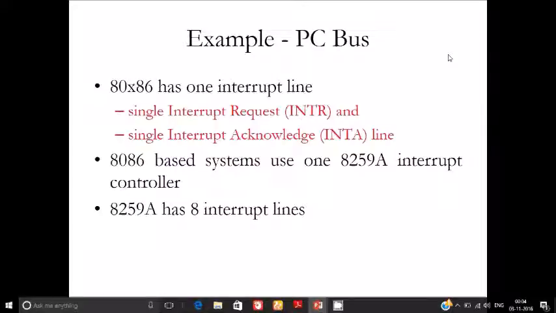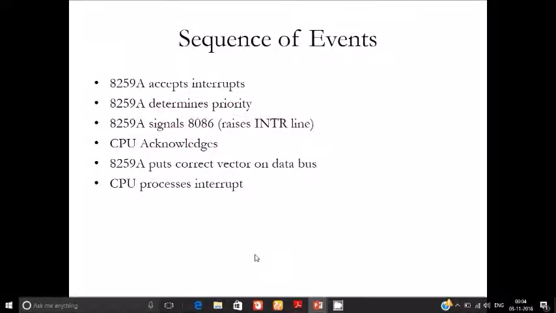For an example, we can consider the PC bus. Suppose the 8086 has one interrupt line, a single interrupt request INTR and a single interrupt acknowledge INTA, so it has two lines. An 8086-based system uses one 8259A interrupt controller, and this controller has 8 interrupt lines.